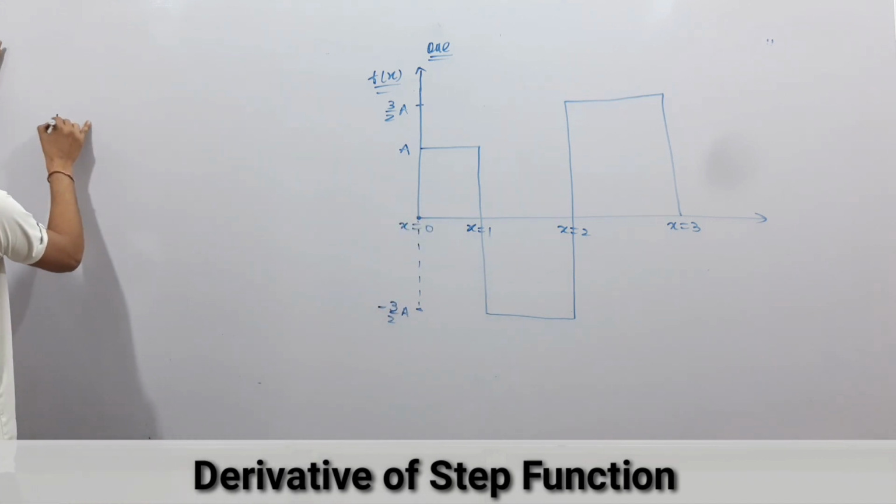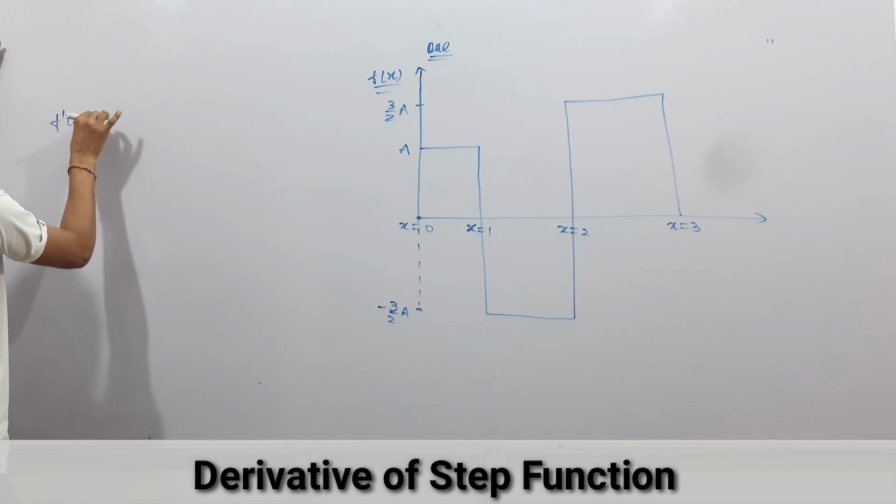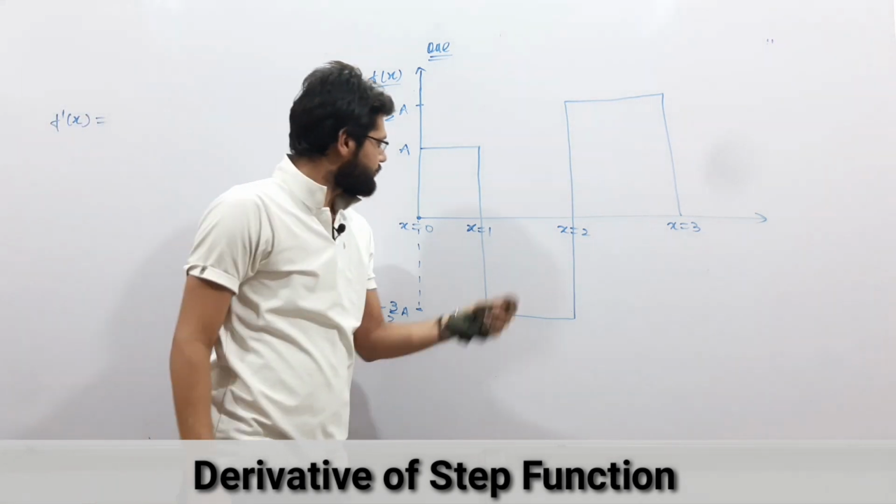The derivative of this function, that is f prime x, will be what?